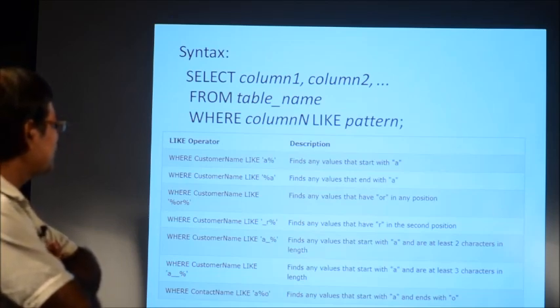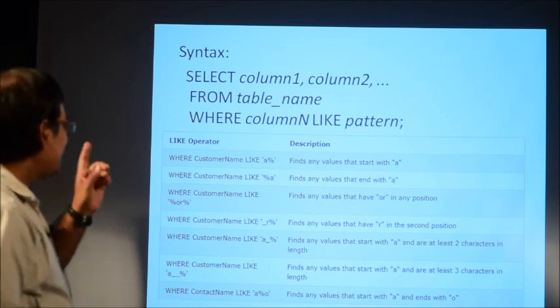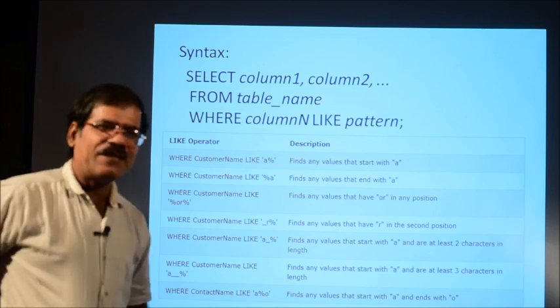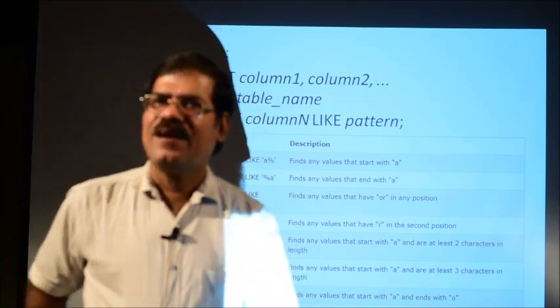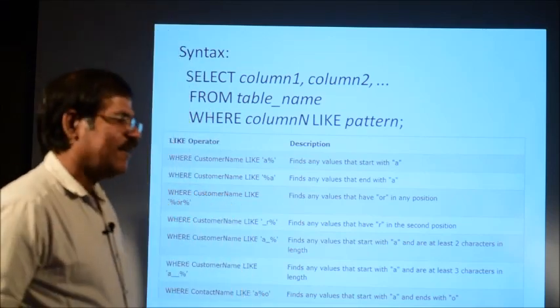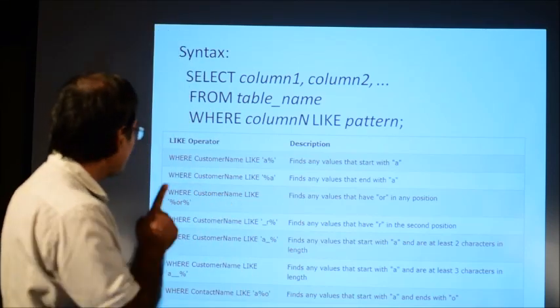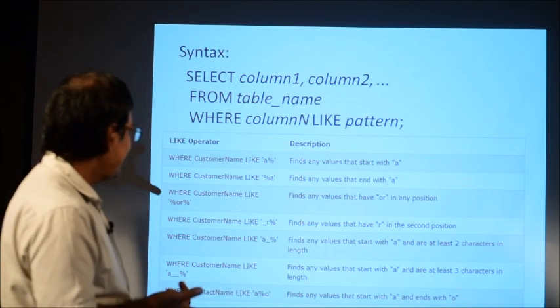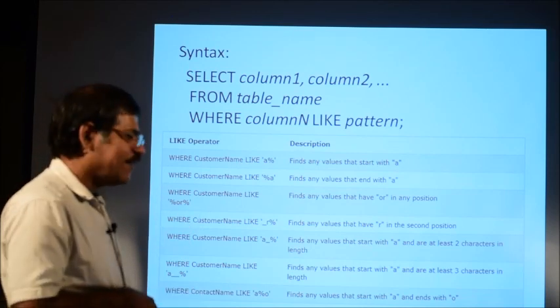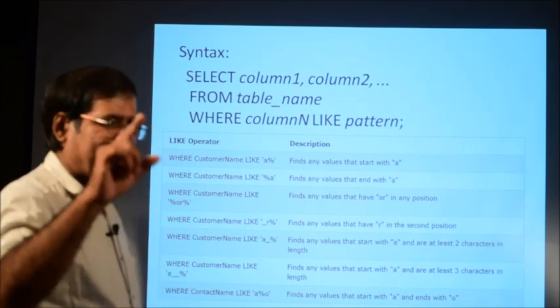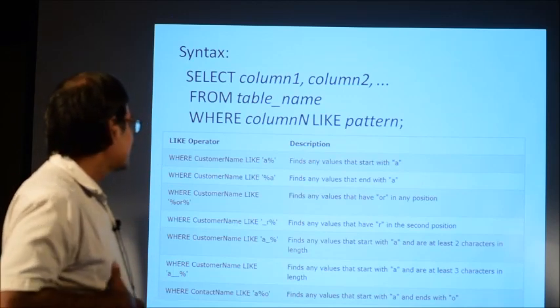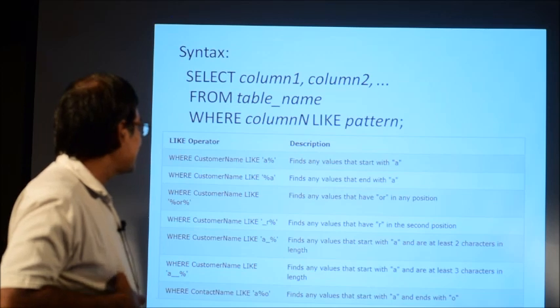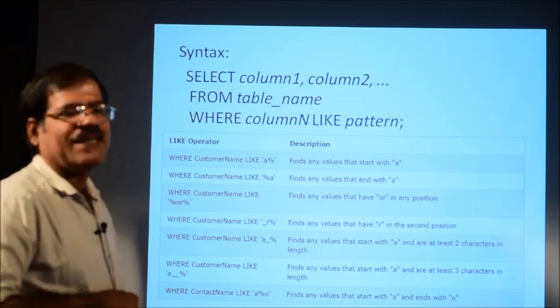Find any values that end with A. If you write percentage first, then A, it checks for the customer name which ends with A, and that will be selected and displayed on your screen.